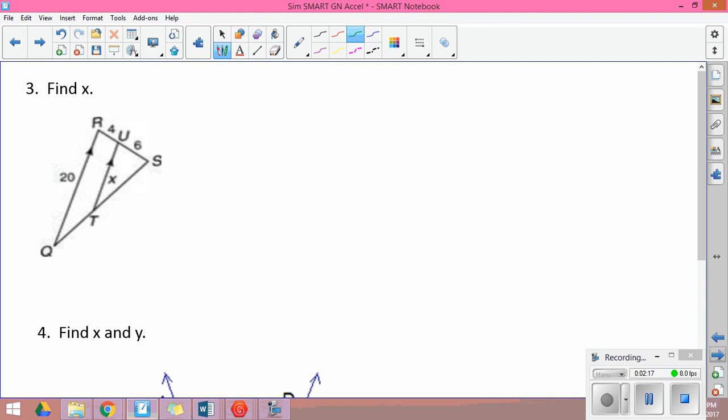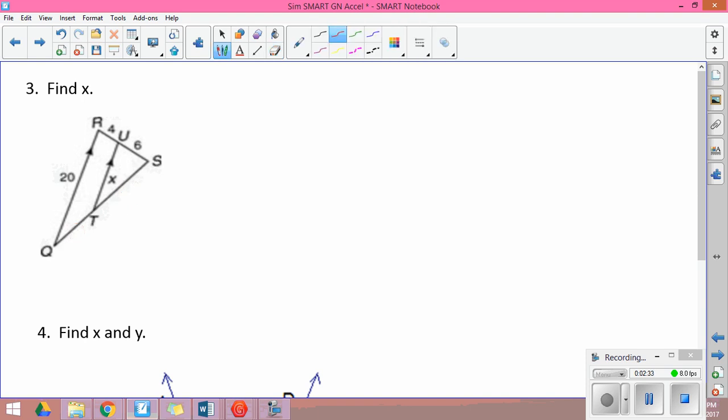The next example, though, does require you to pause. In this case, it appears when we have 4 and 6, you want to look over here. We do not have triangle proportionality in this example.